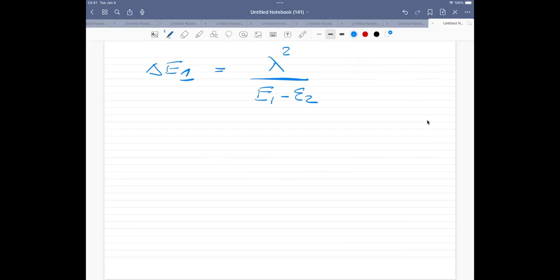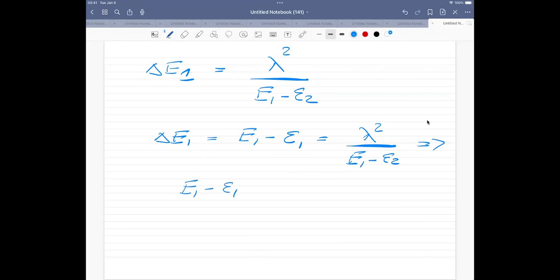Then I know that this delta E1 is nothing but the exact energy minus epsilon 1, right? And this is now equal to lambda squared over E1 minus epsilon 2, which then, if we rewrite it, is nothing but the characteristic polynomial we want to find the roots of, in terms of E1 not epsilon.